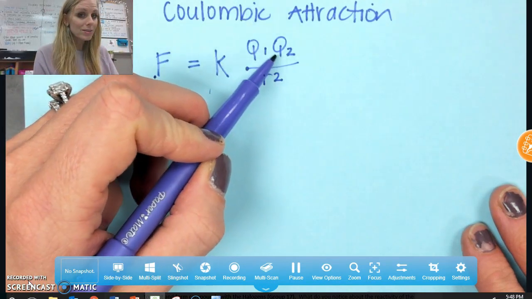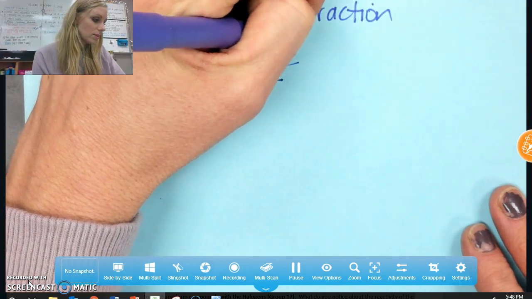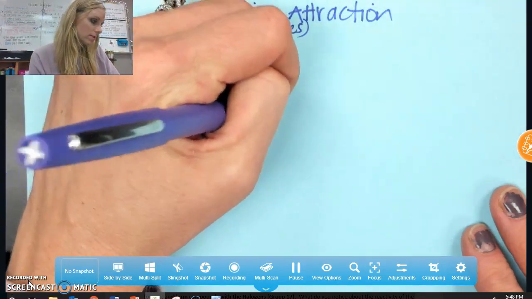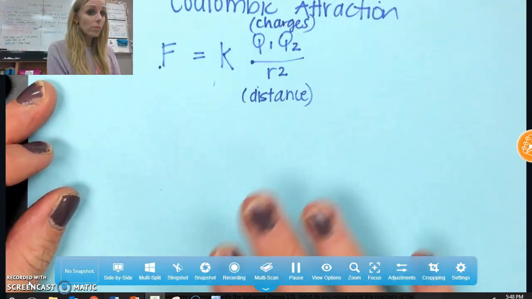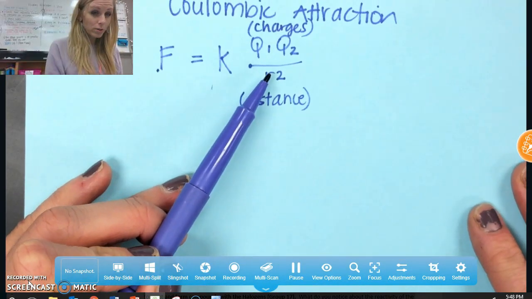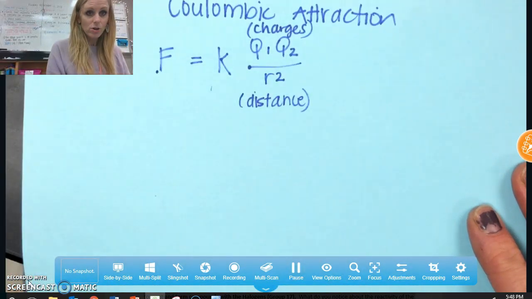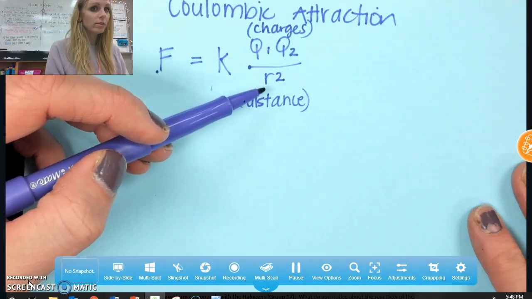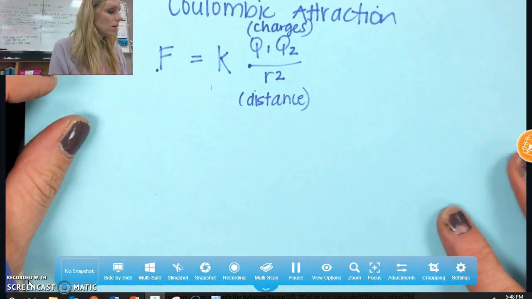Times the product of these two Q's, and these Q's represent the charges, okay, over R squared, which is obviously distance. This formula basically means that the more charged particles you have, so the product of all your charged particles, the stronger your force of attraction or repulsion. We'll talk about that in a minute. And then the closer they are, the stronger. So it's an inverse relationship, those two things.